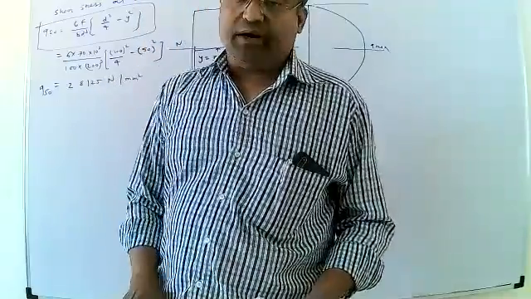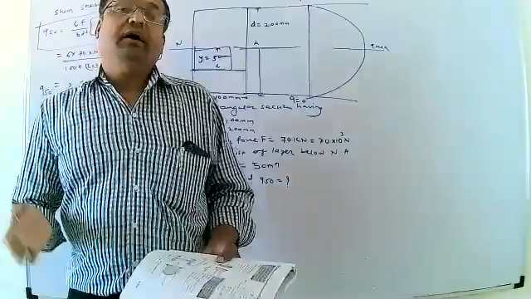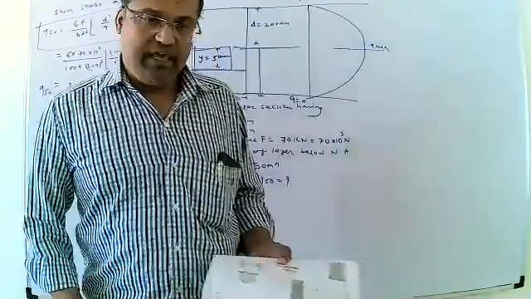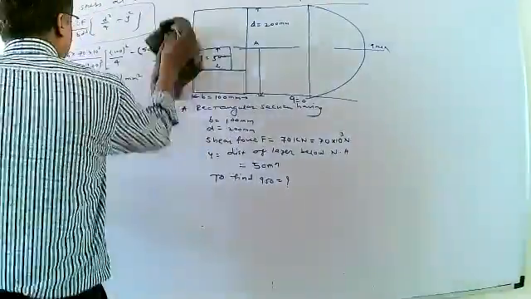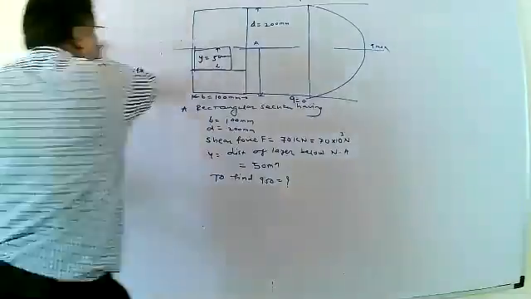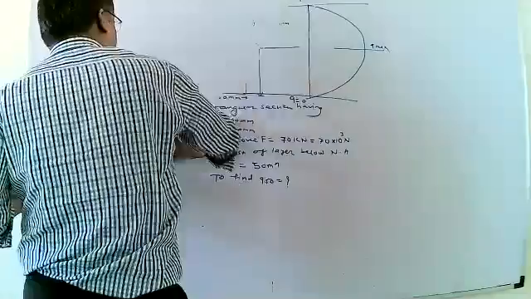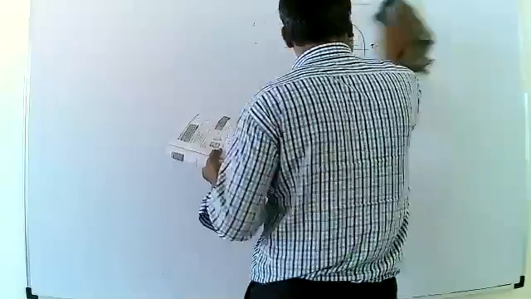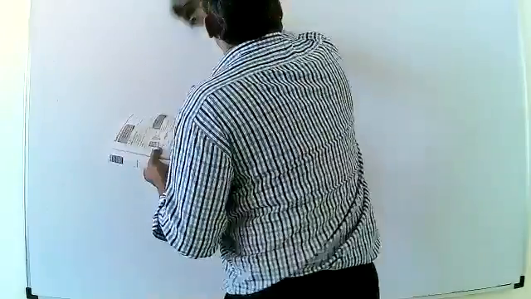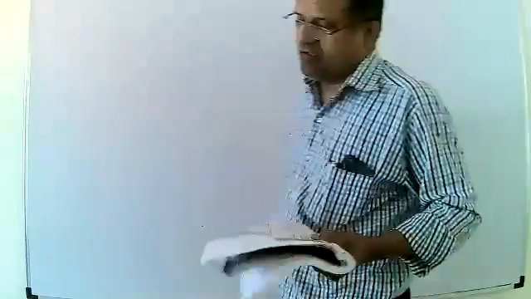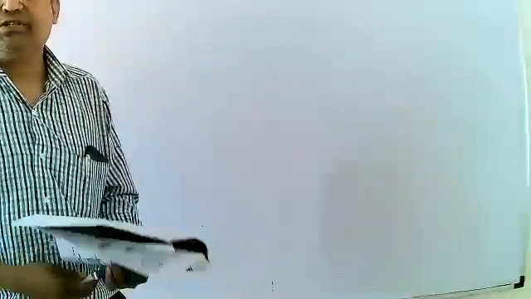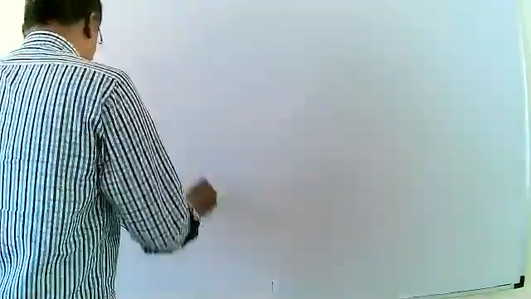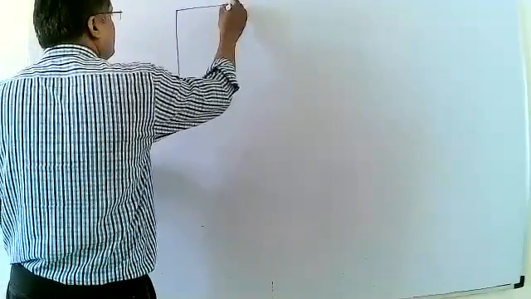Whatever data you have provided, you just write that data according to the information given in the problem. First information: the section is rectangular having width and depth. This is the rectangular section.